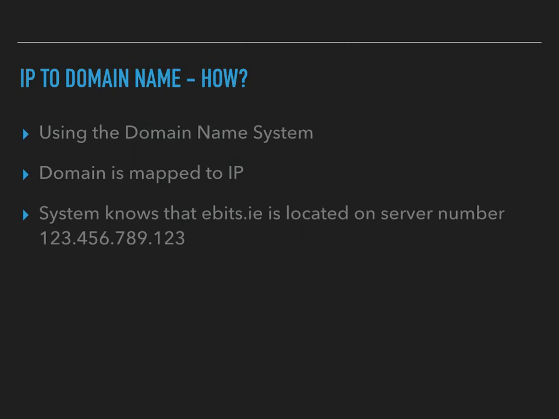Well, you've guessed it, we use the domain name system. So the domain is mapped to the IP. So systems know that Ebits.ie is located on server number 123.456.789.123.